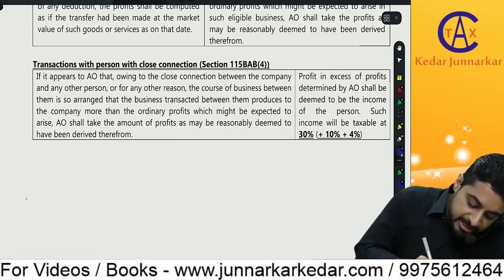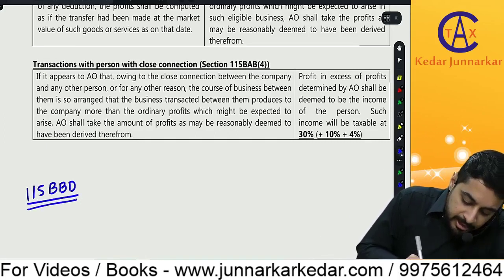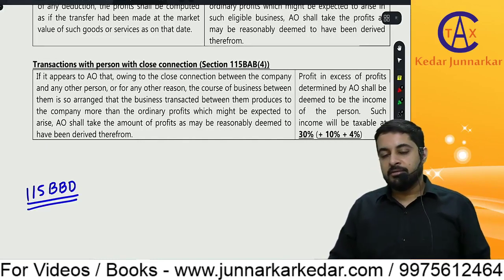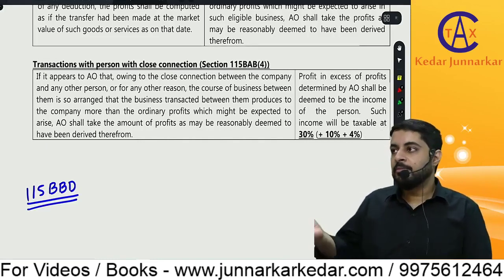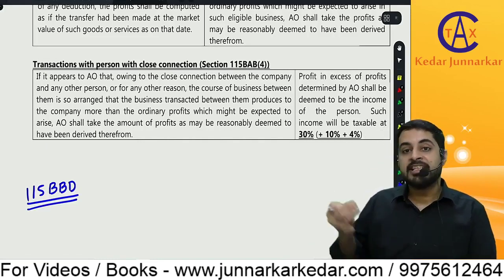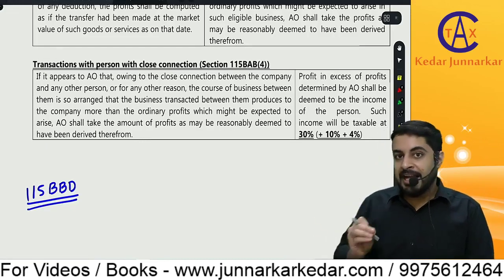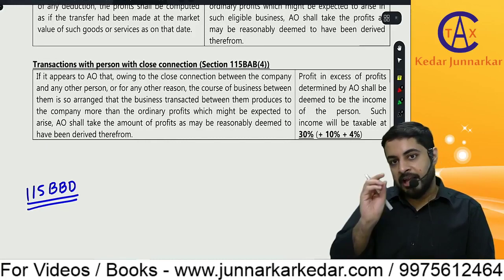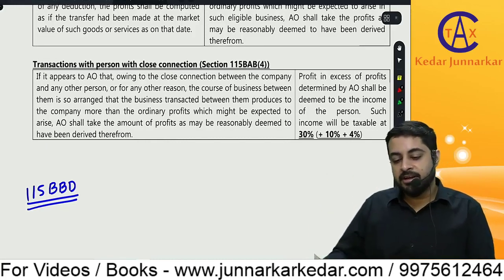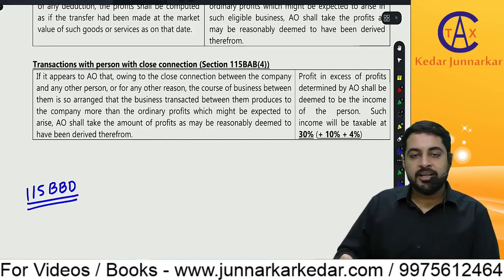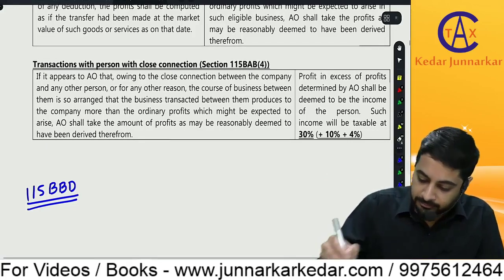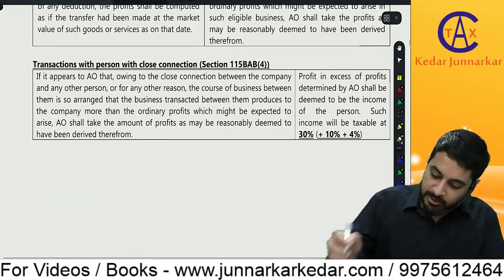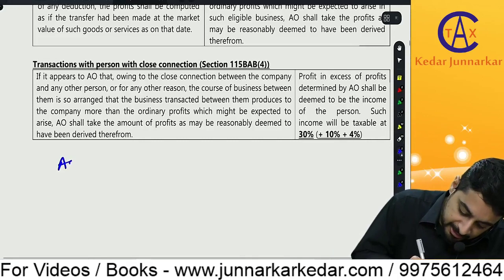Or we have done section 115BBD, dividend received by a domestic company from a foreign company in which it holds 26% or more. So in that case, that foreign company is called a specified company. So in that case, the Indian company and that specified foreign company will be considered as associated enterprises. So write down associated enterprises.